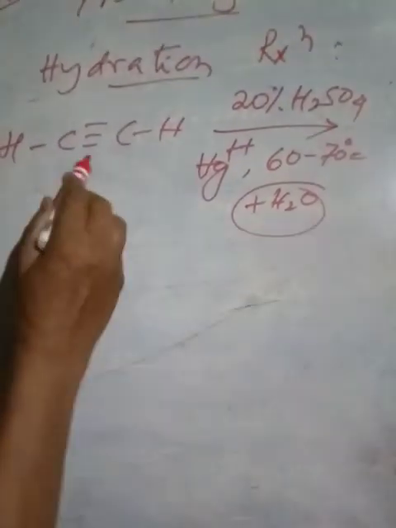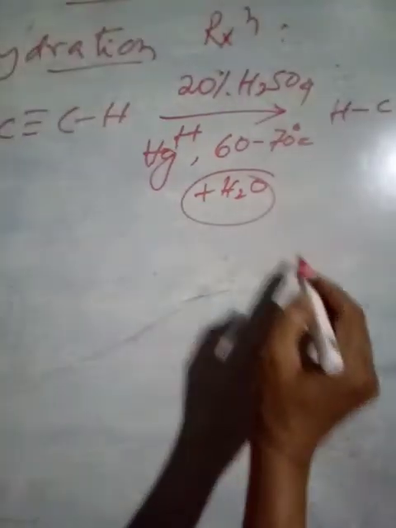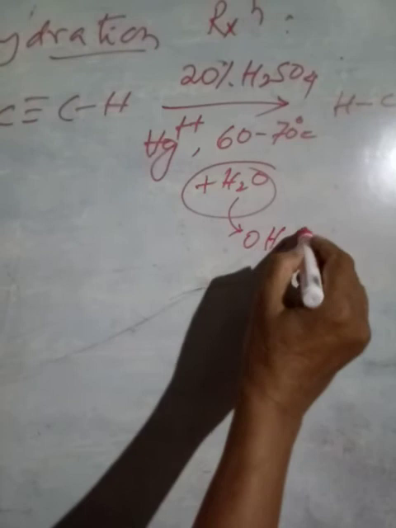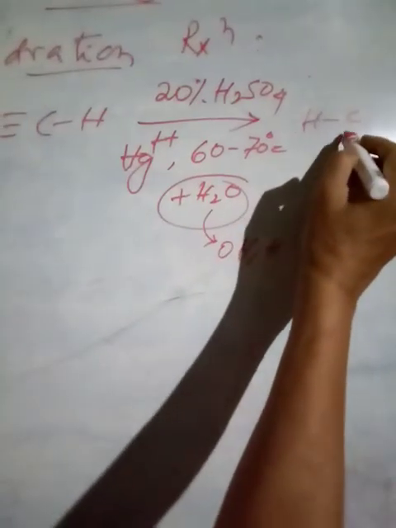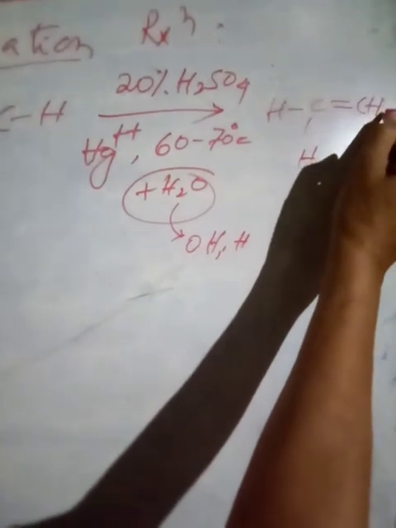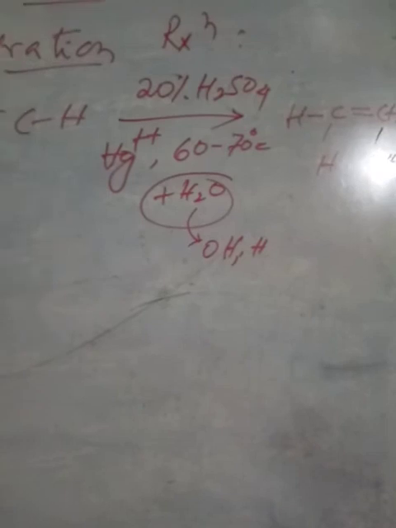This water will be added to alkyne, forming H and OH. So 1 H will be added here, the triple bond will become a double bond, and 1 OH will be added here.